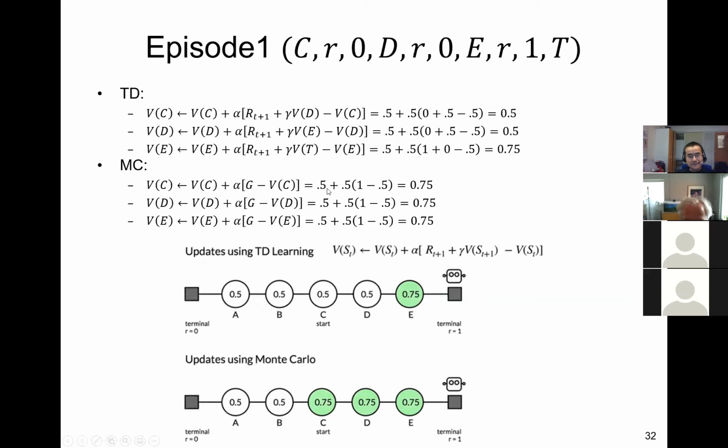So the initial value 0.5 plus alpha times 1, the return for the entire episode, minus the old value 0.5, gives 0.75. So C, D, E all have the updated value of 0.75.